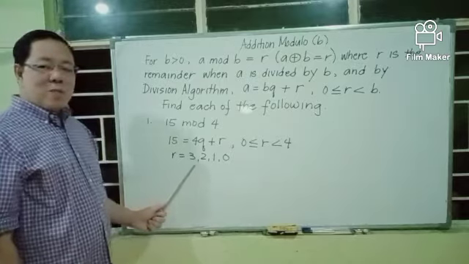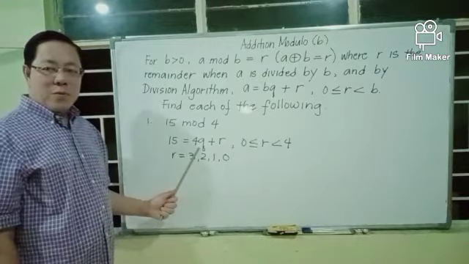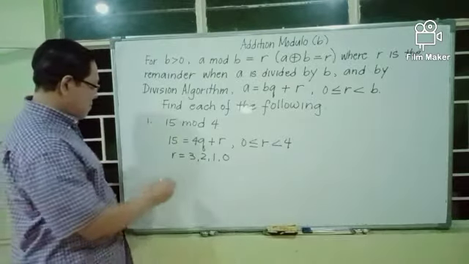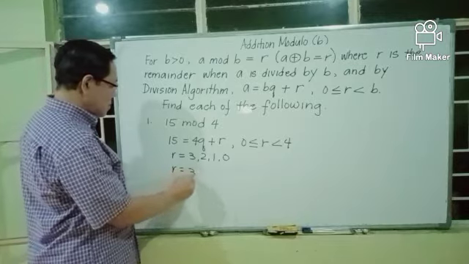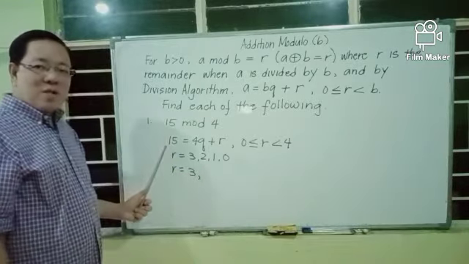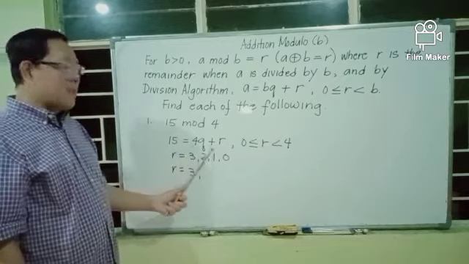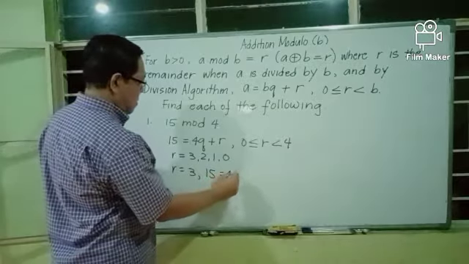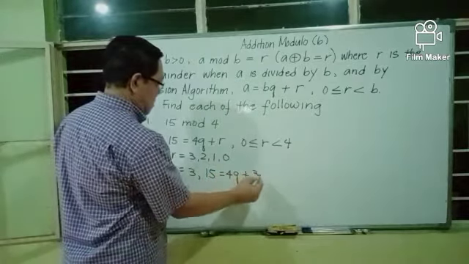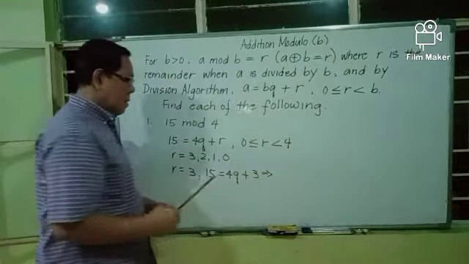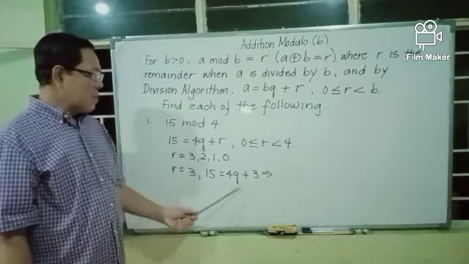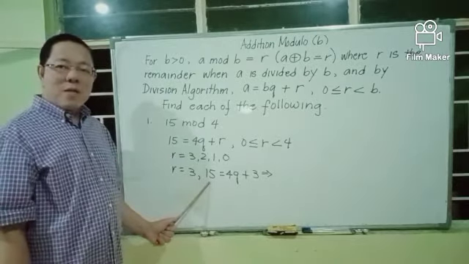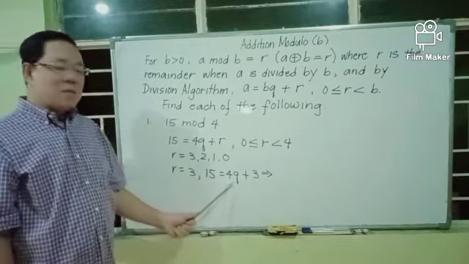And we use each of these values of r to find a possible value of q. If r equals 3, then this equation becomes 15 equals 4q plus 3. Solving for q from this equation, we transpose positive 3 to the left-hand side. We get 15 minus 3 is 12 equals 4q.